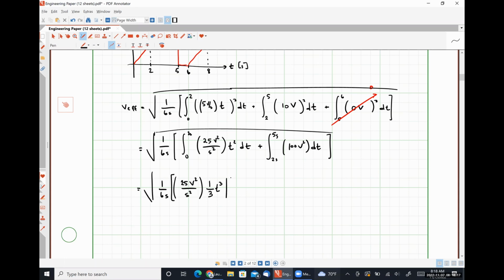This is going to be evaluated at 2 seconds and 0 seconds. And then over here, we're going to have 100 volts squared pulled out. What do I get when I integrate dt? T, evaluated at 5 seconds, 2 seconds.